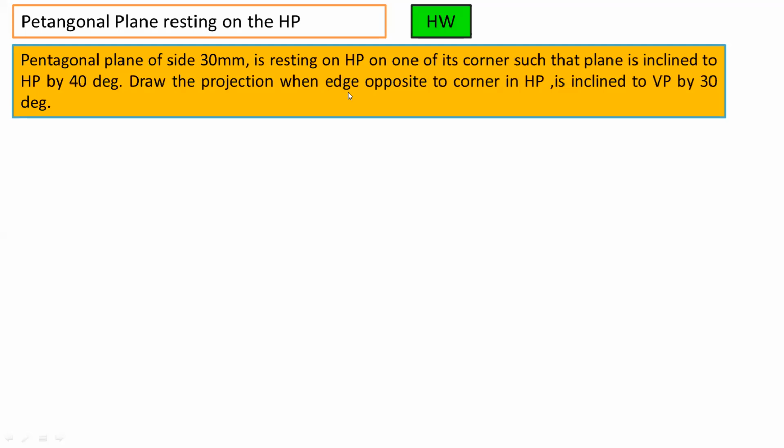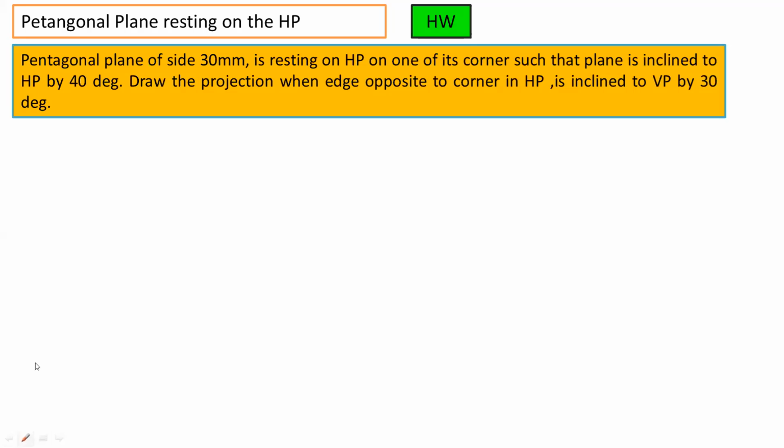So you can divide this problem into 3 stages. So in the first stage, suppose this is your XY line. Then as the pentagonal plane is resting on one of its corners, you should draw the plane like this in the first stage.